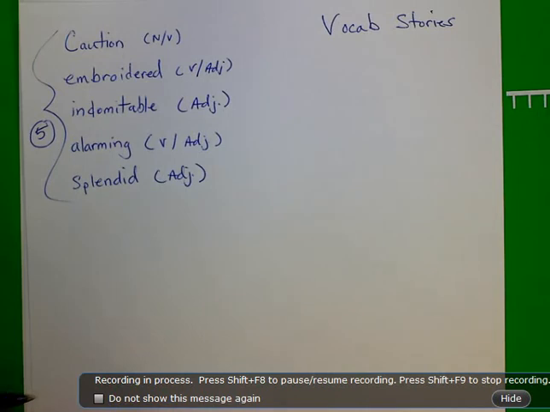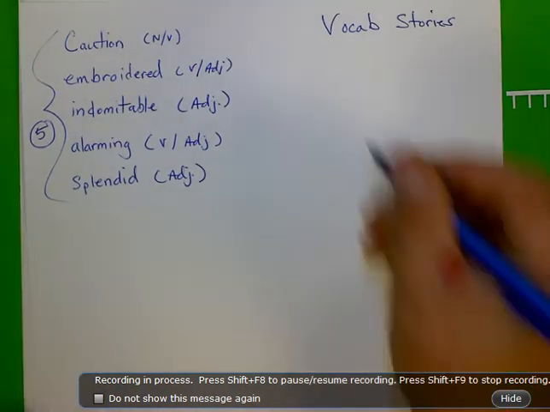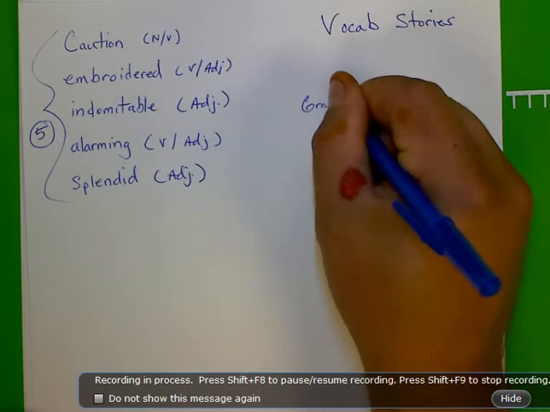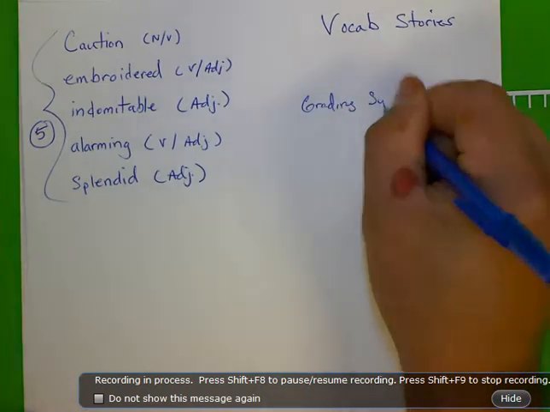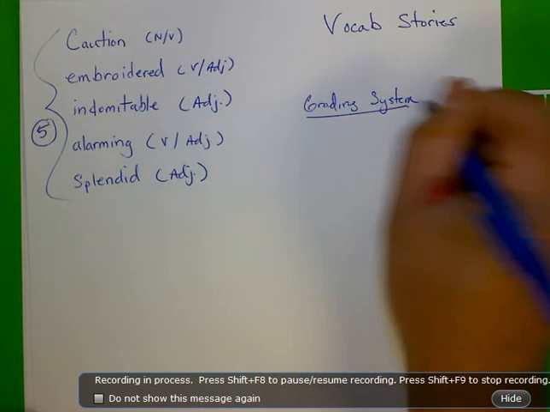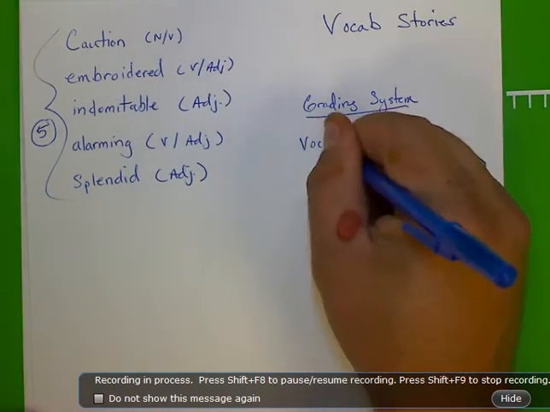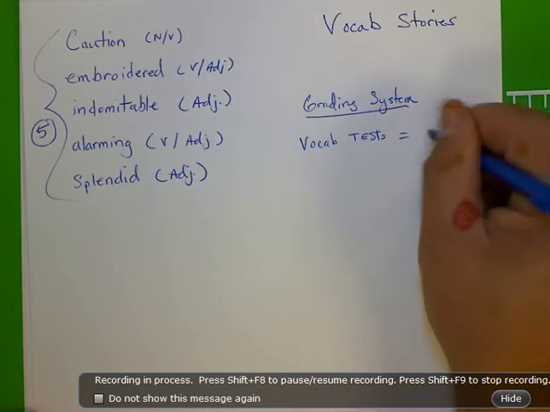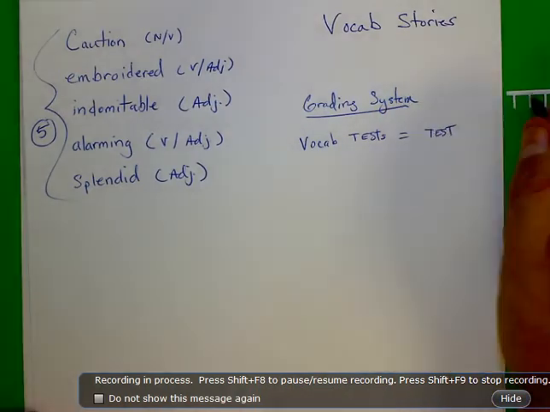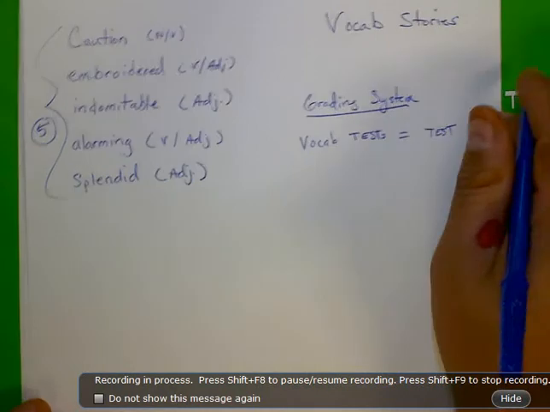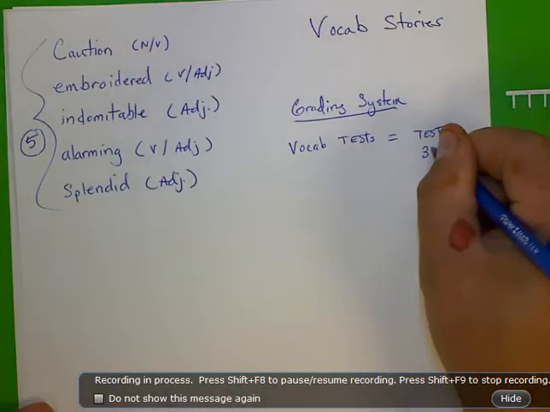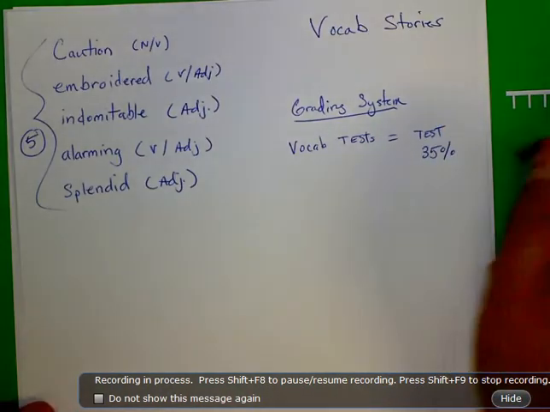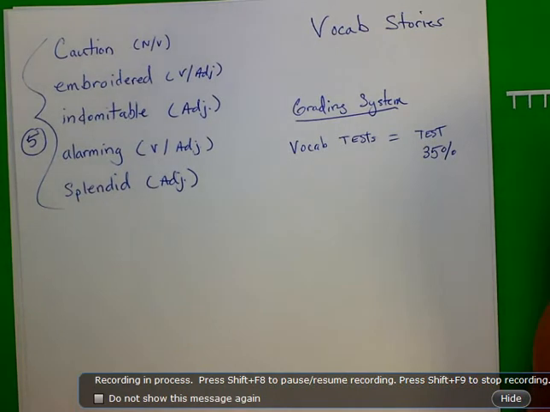Well, before we actually get into writing the story, I want to talk about grading a little bit. How this grading system works. Vocab tests are a test. So what that means is, based on what we talk about at the beginning of the year, these are worth, in a category weighting system, 35% of your overall grade when you combine all of your tests together.